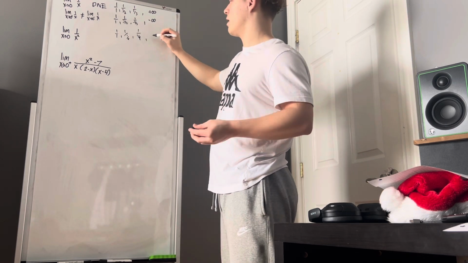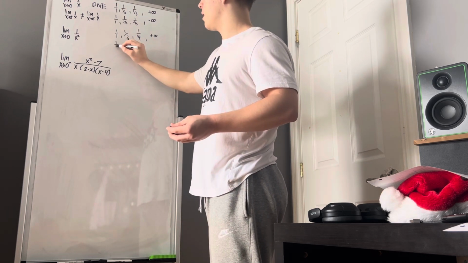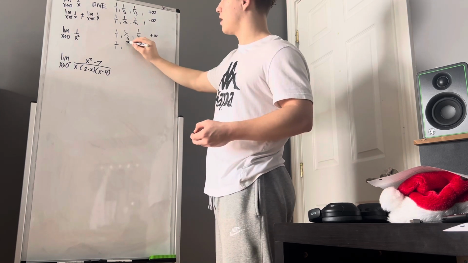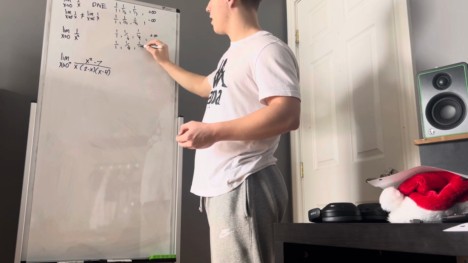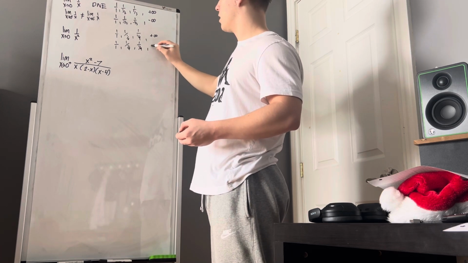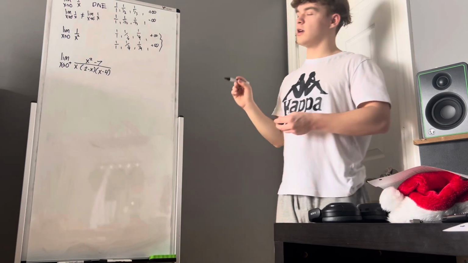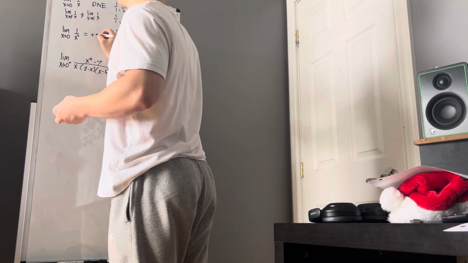And so we can see that, again, it approaches positive infinity. But what if we square negative 1/2? We're going to get the same value. And so for that reason, this limit exists because the left and right limits equal the same thing. And so it equals positive infinity.